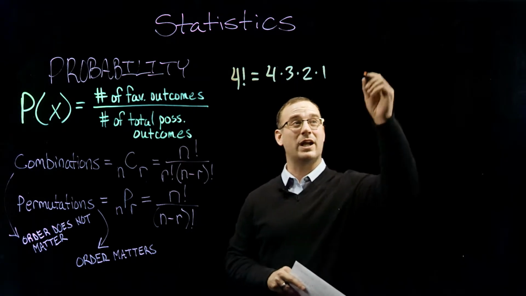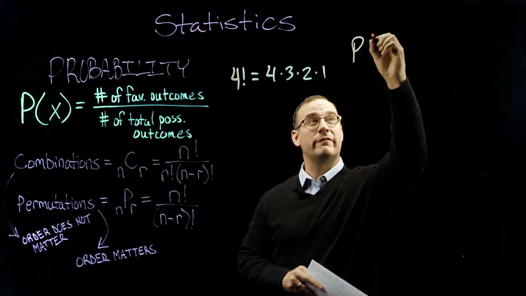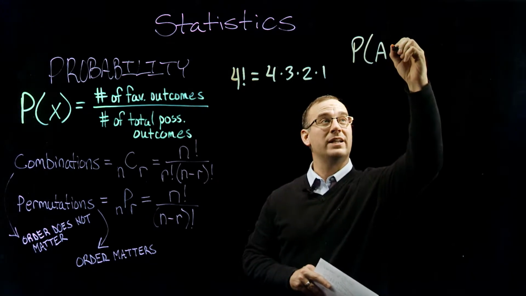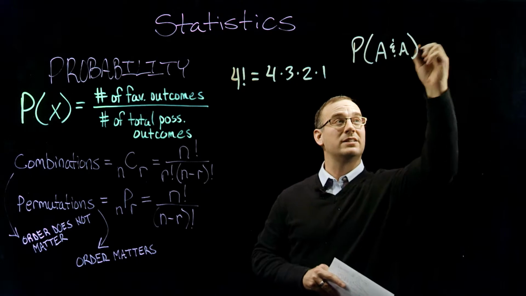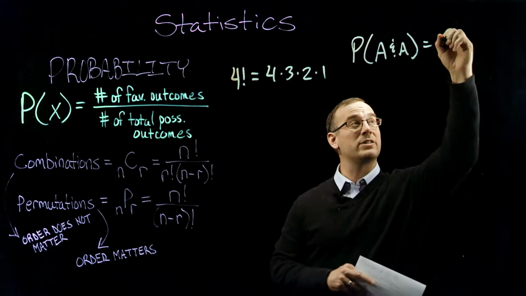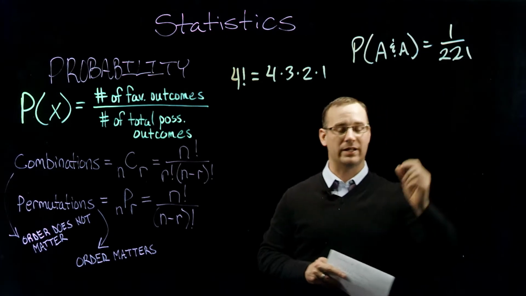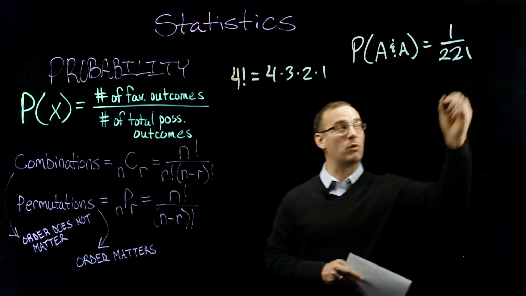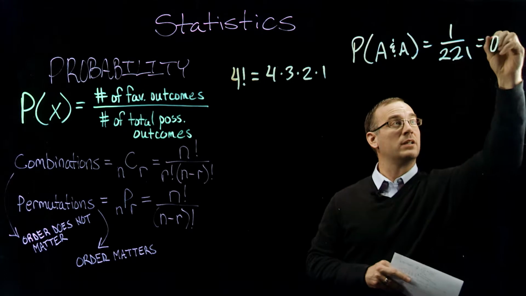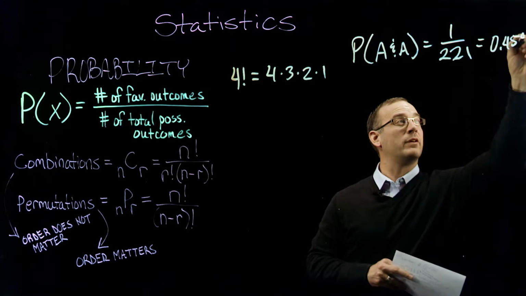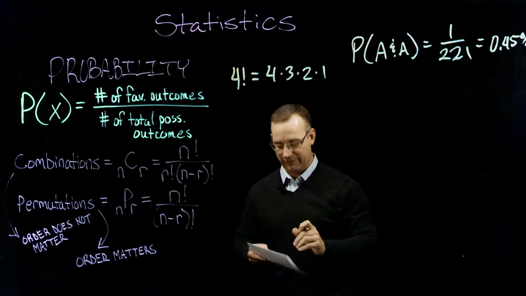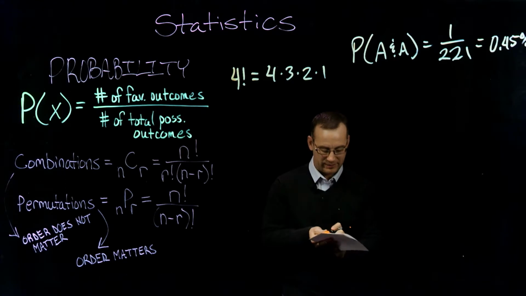Let's see if we come up with our final answer of an ace and an ace, which should come out to 1 out of 221 hands, or 0.45% of the time. Let's see if we come up with the same answer.